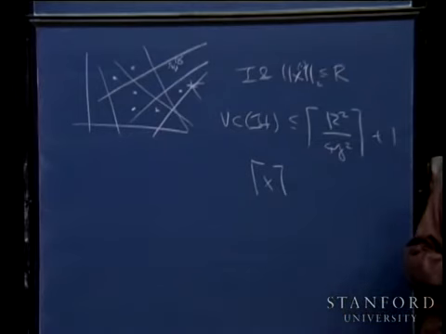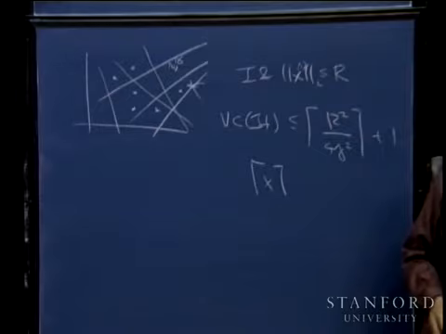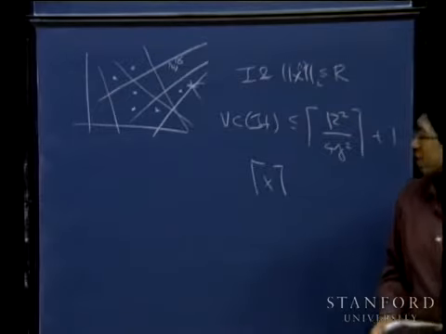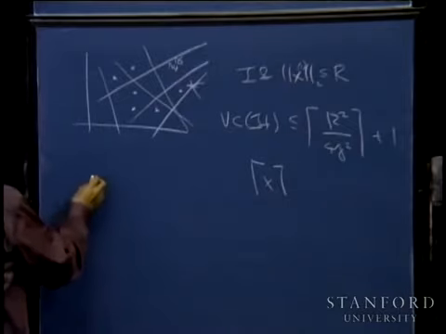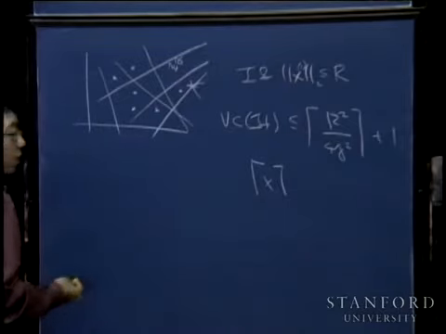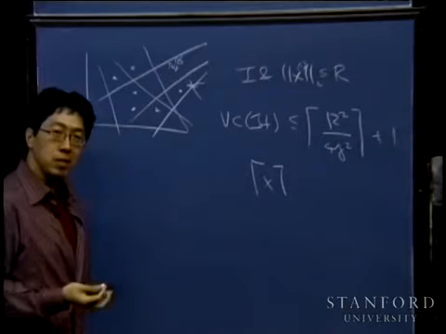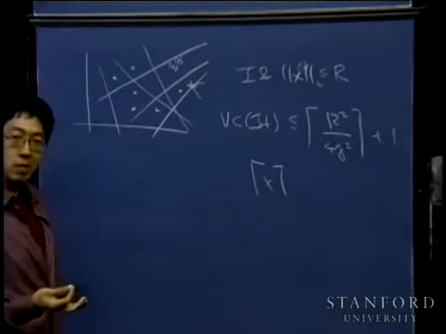Alex? How is the L2 norm defined on the infinite dimensional space? It's actually defined the same way as in finite dimensional spaces. These are countably infinite dimensional vectors, not uncountably infinite dimensional vectors.